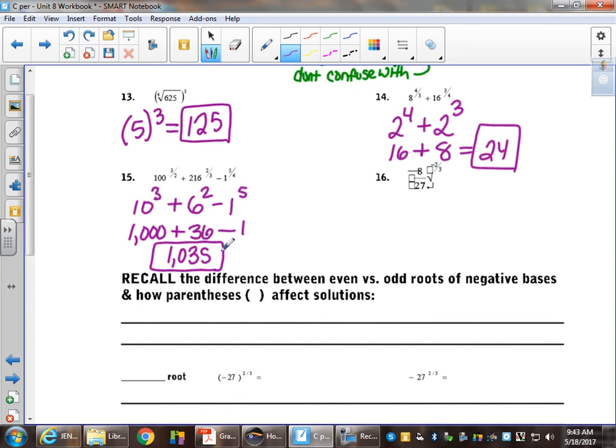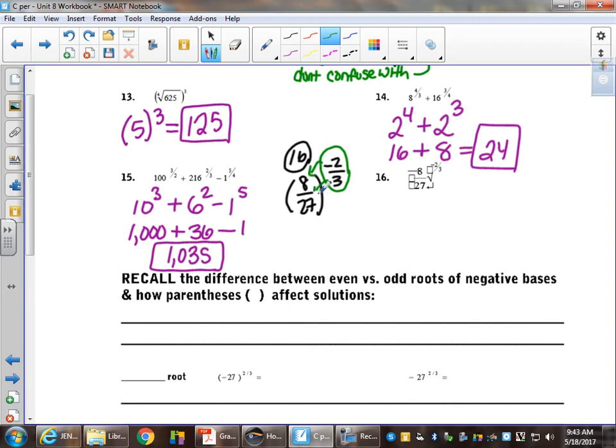Piece by piece, folks. 16 did not print correctly. 16 is supposed to say, off to the side, I'm going to write 16. 16 is supposed to say 8/27 raised to the negative 2/3. Tell me what to do first. Think back to your exponent properties. Very good.